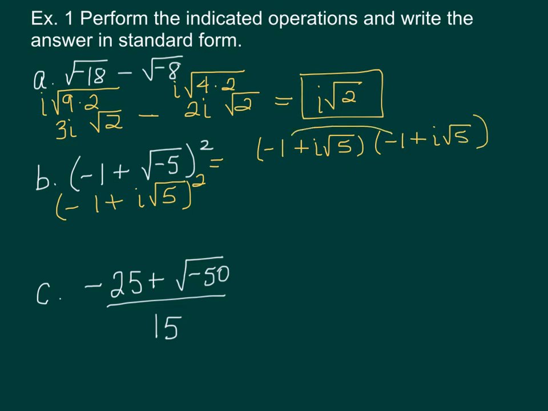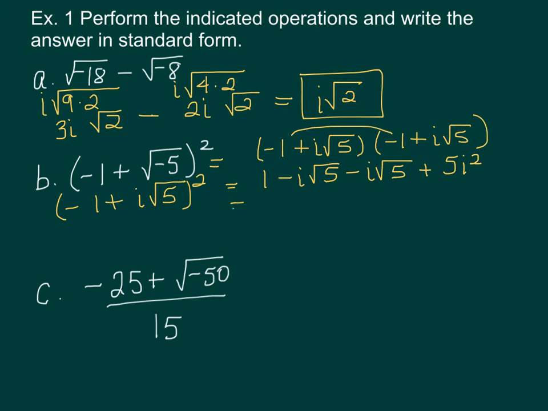So we do first, outer, inner, and then last, I'm going to get i squared times 5, or I'm just going to make it 5i squared.